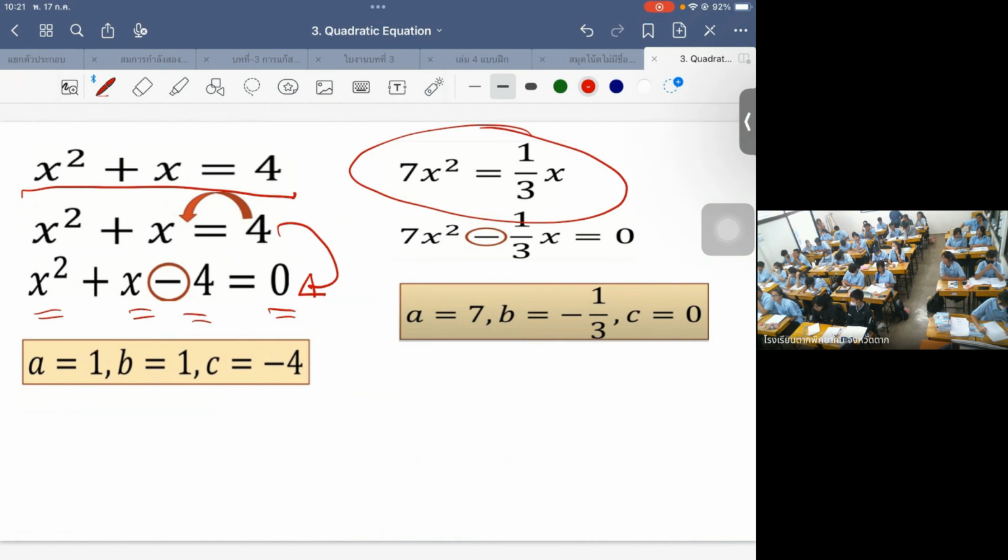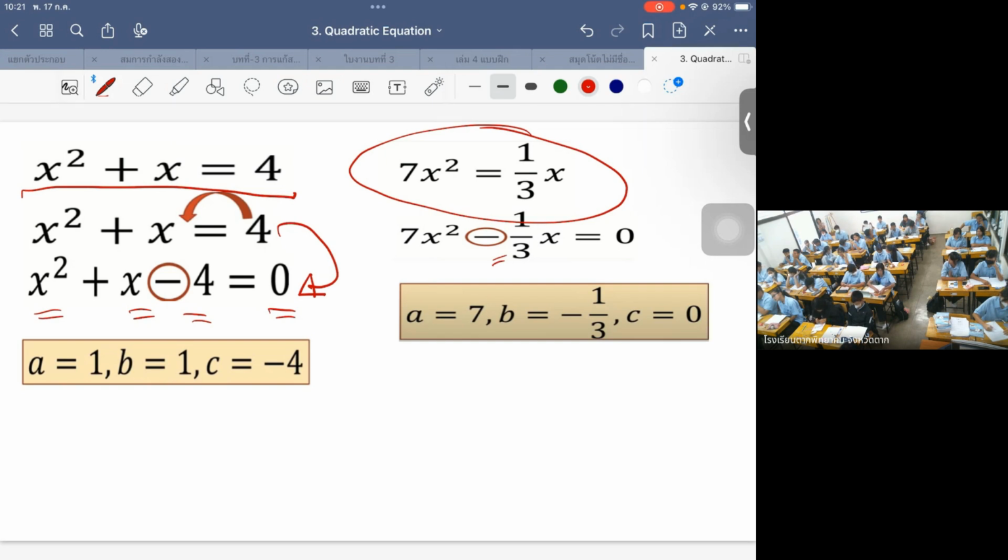So, if the equation is 7x squared is equal to 1/3 x, you need to change that into standard form again. So, to become a standard form, you need to transpose. So, this is positive, so it will become a negative.